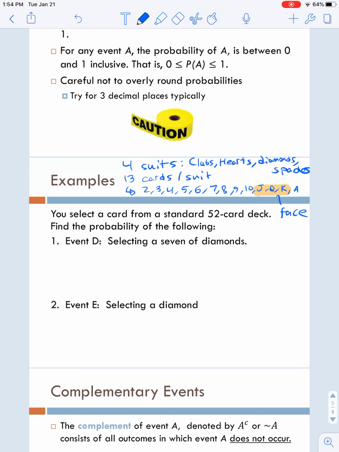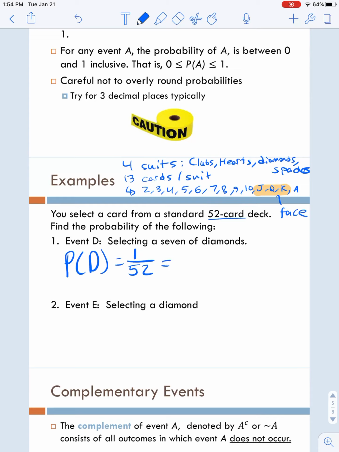So how many total cards are there? Well, there's 52 cards in a deck. So the probability of event D, selecting a 7 of diamonds, is how many 7 of diamonds are there? Well, there's only 1 7 of diamonds in the entire deck, out of 52 cards. So 1 out of the 52 cards is a 7 of diamonds.